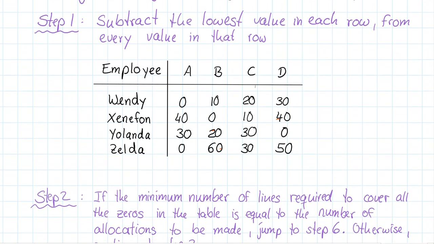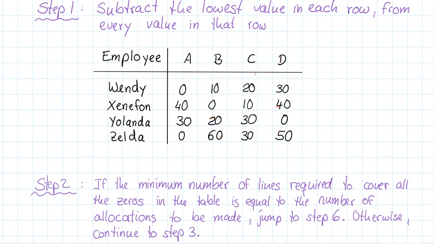And we have to have a look at step 2. If the minimum number of lines required to cover all the zeros in the table is equal to the number of allocations to be made, jump to step 6, otherwise continue to step 3. Okay, what does that mean? Minimum number of lines required to cover all the zeros. Well, let's draw some lines here to cover the zeros.